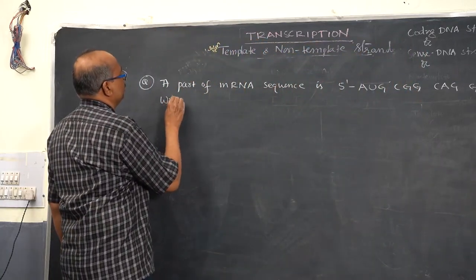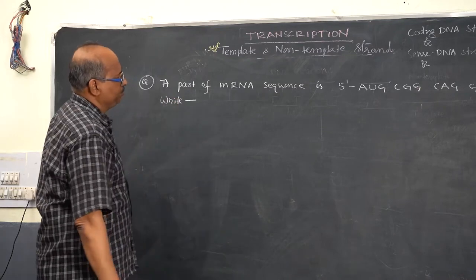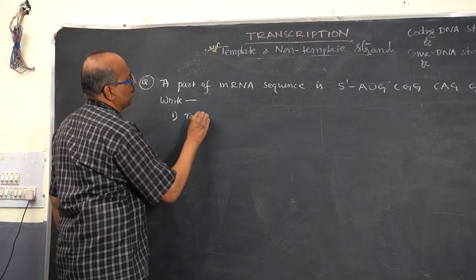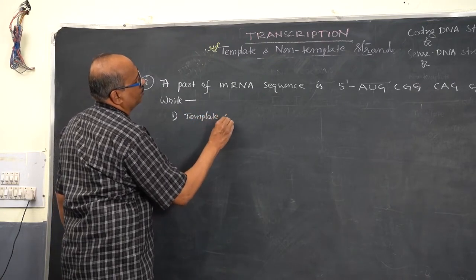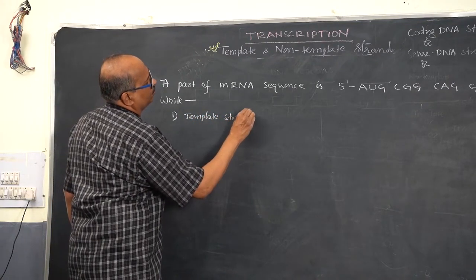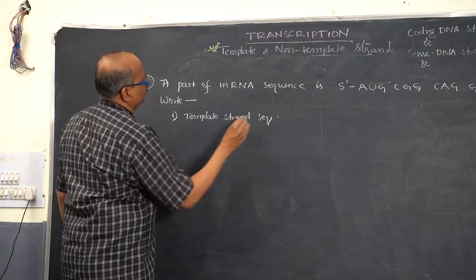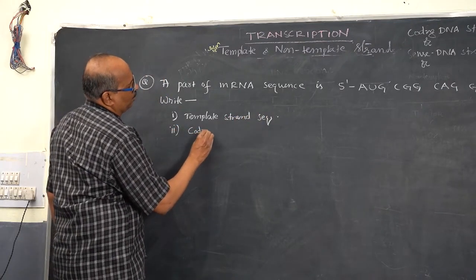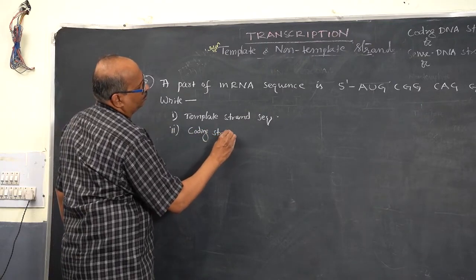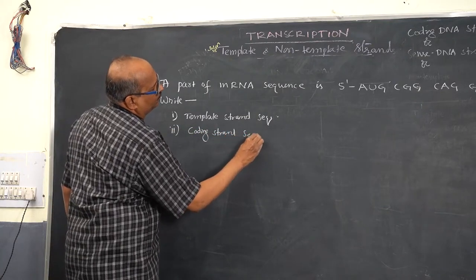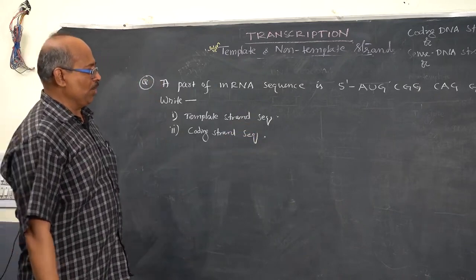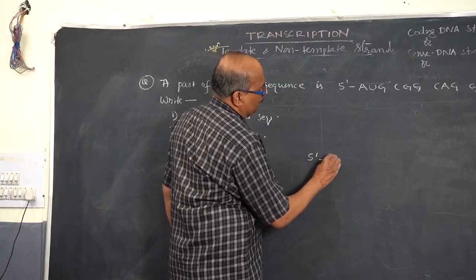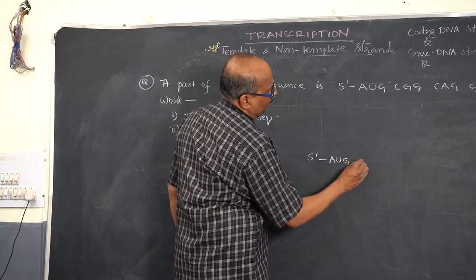Write first one, template strand sequence. Second one, coding strand sequence. So first you can note down the sequence which is given and write it as RNA sequence to avoid any confusion.